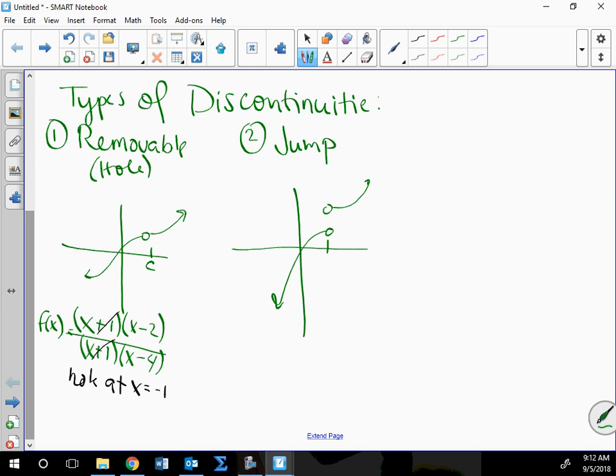Okay, so we have this jump here. You could have one of these filled in or not, doesn't really matter. So this is again usually piecewise functions. And just because it's piecewise doesn't mean that it is going to have a jump. But normally if we have a jump, it's often for piecewise functions. I'm also going to include the absolute value of x over x.